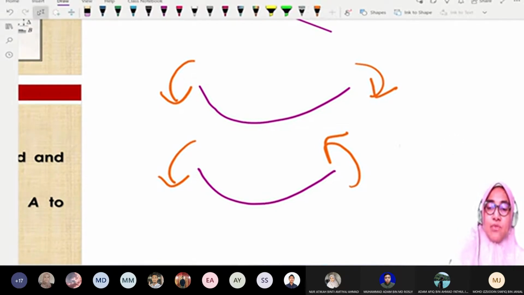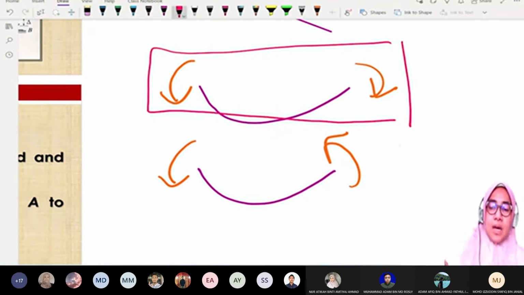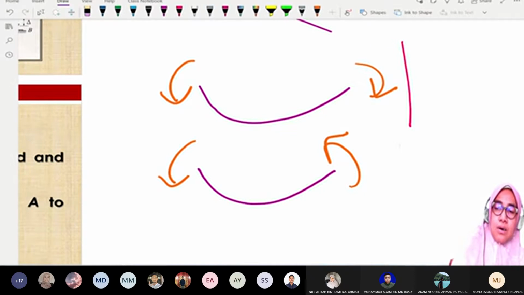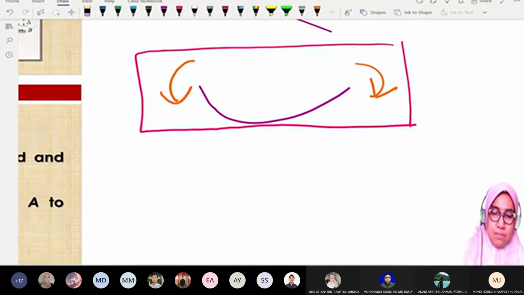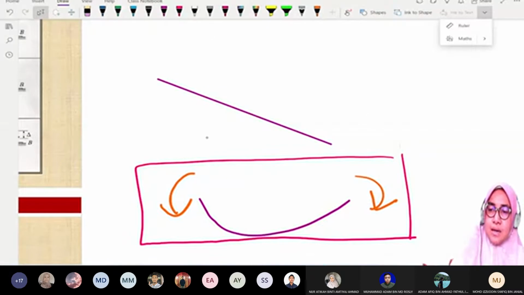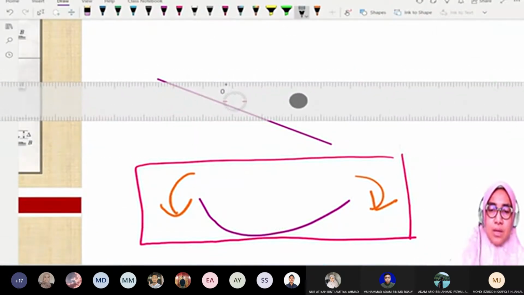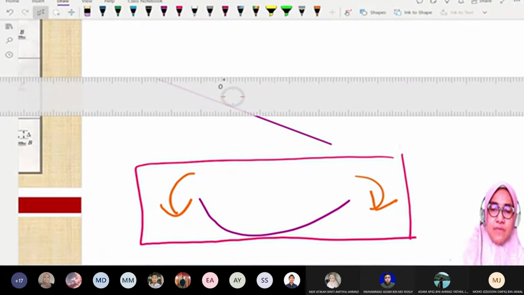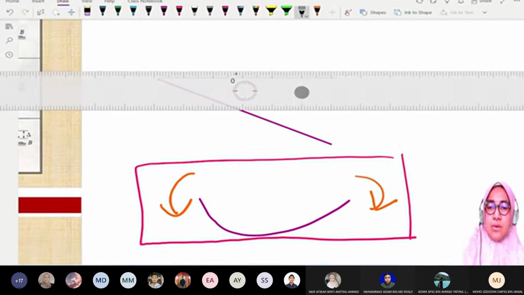So you have to apply this moment for FEM due to loading, but it cannot be the same for delta. So yang ni delta. Due to delta, you will have triangular like this.